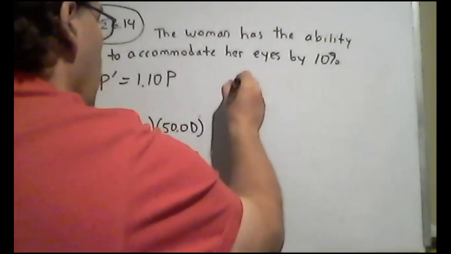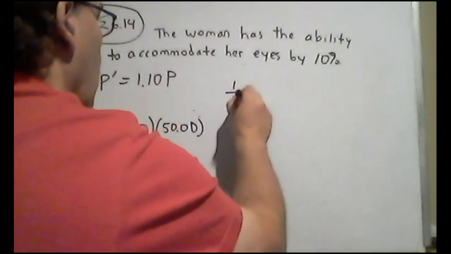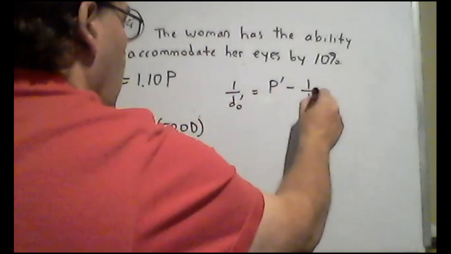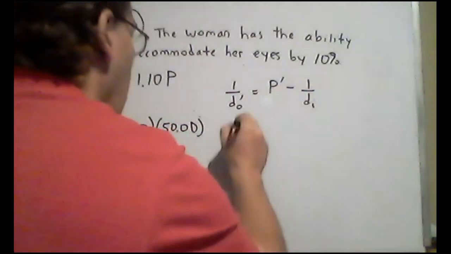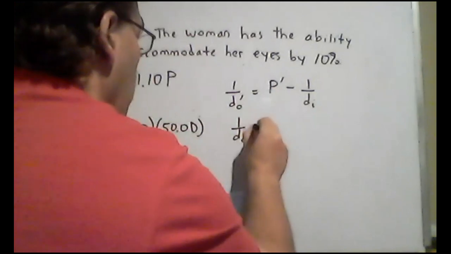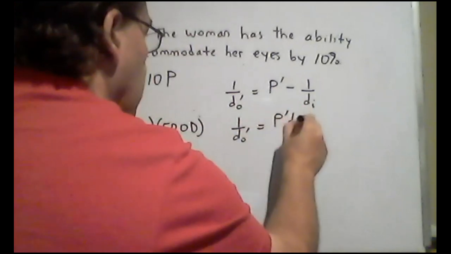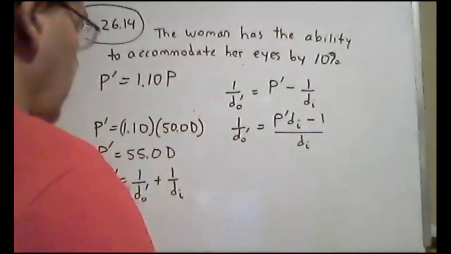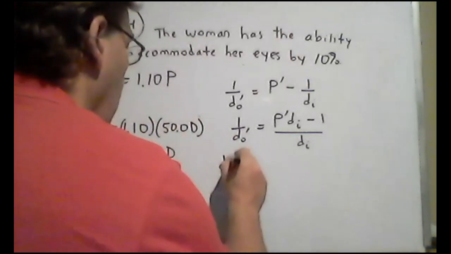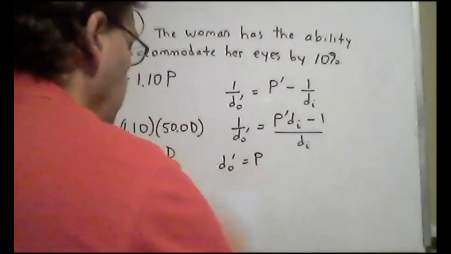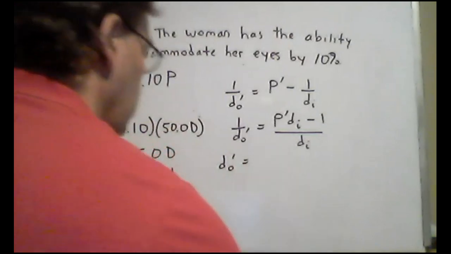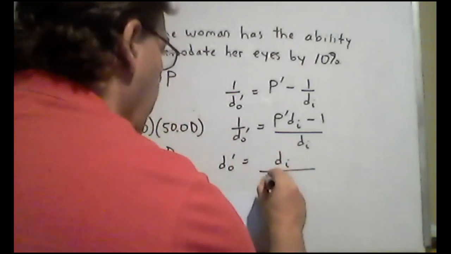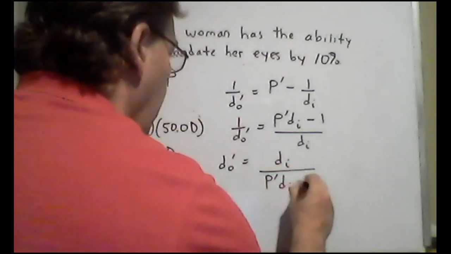So 1 over D sub O prime is P prime minus 1 over D sub I. Again, get a common denominator. 1 over D sub O prime is P prime D sub I minus 1, all over D sub I. Flip the equation. D sub O prime is D sub I divided by P prime D sub I minus 1.